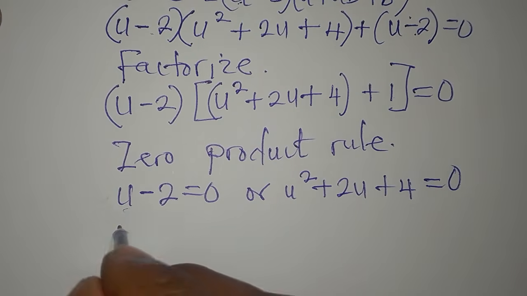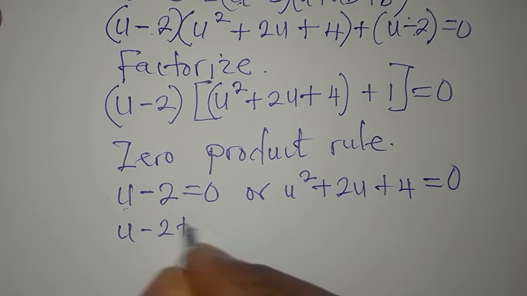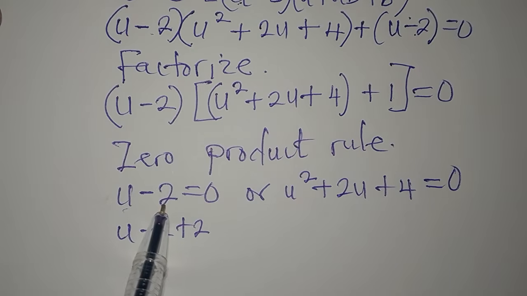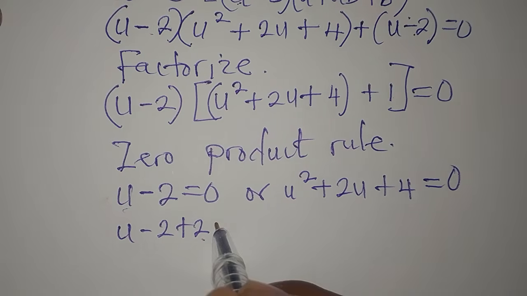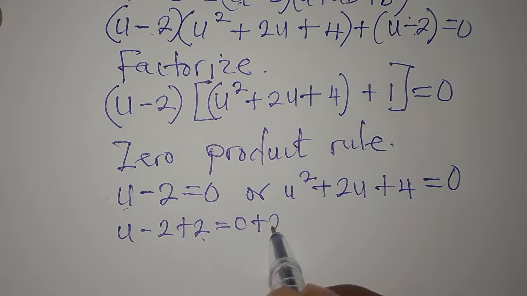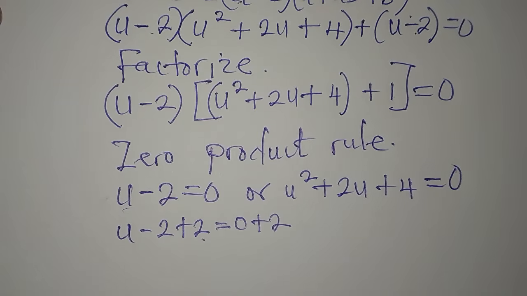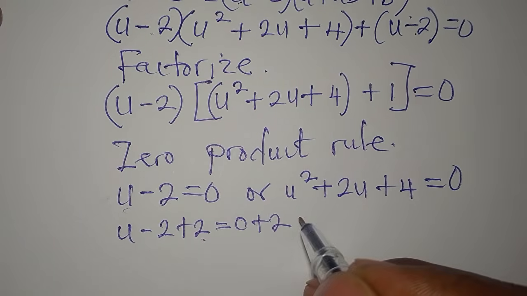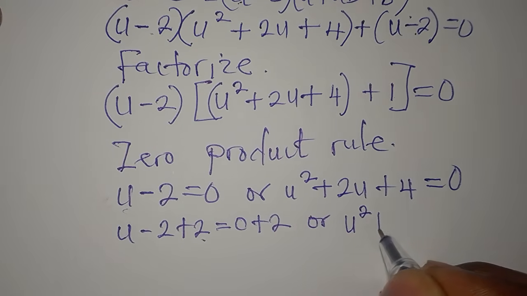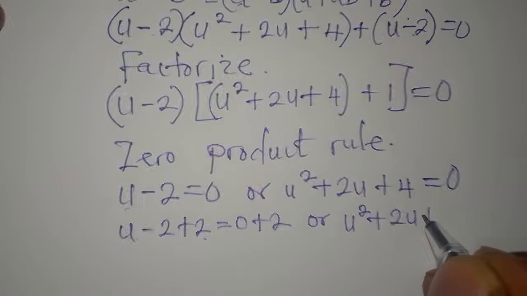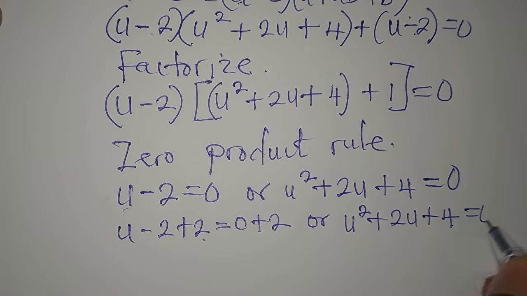Now look at this, u minus 2 plus 2. It will remove this 2 from here because the additive inverse of minus 2 is plus 2. And that will be equal to 0 plus 2. The additive inverse will reflect on the other side. And now, or we have this u squared plus 2u plus 4 equals 0.